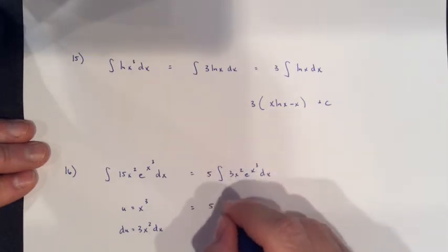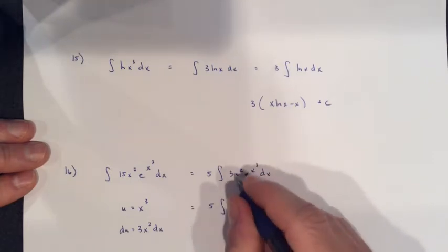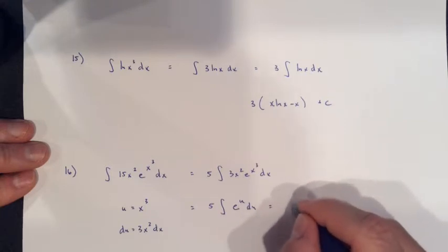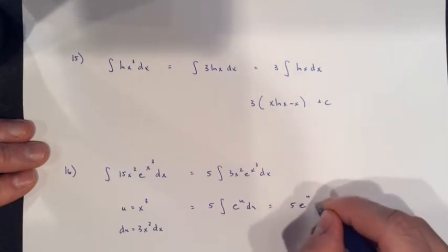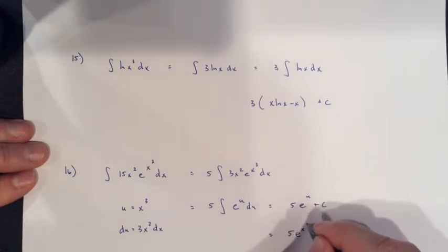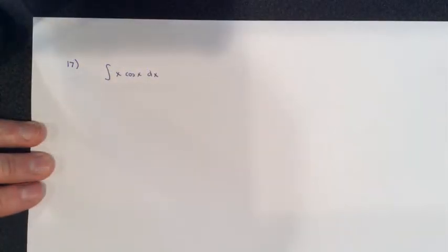That really just turns into 5 times the integral of e to the u. And then the 3x squared dx makes du. Piece of cake. So that's just 5 times the integral of e to the u is just e to the u. And u was x cubed. And you're done.